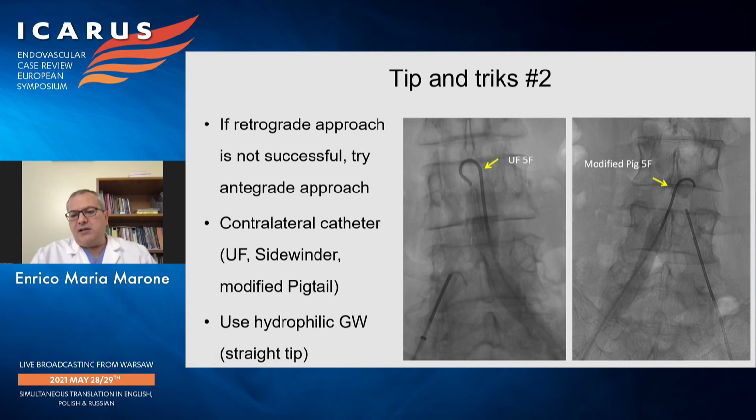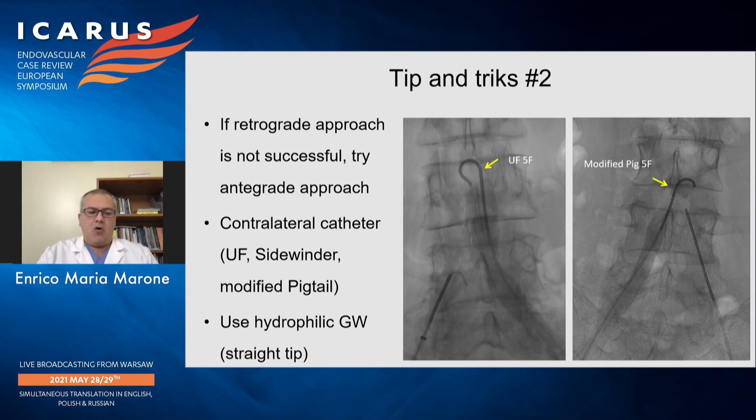The pigtail is always available, and we can cut the tip according to the morphology of the aortic bifurcation, in order to obtain the right shape to recanalize the iliac occlusion in an antegrade way.